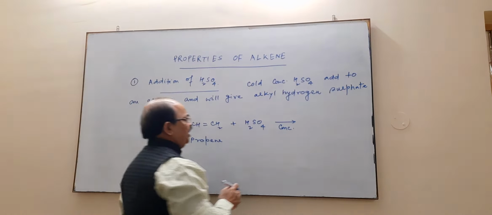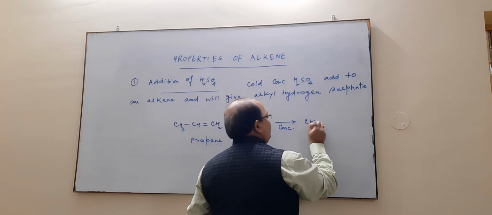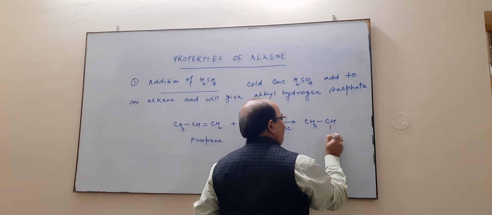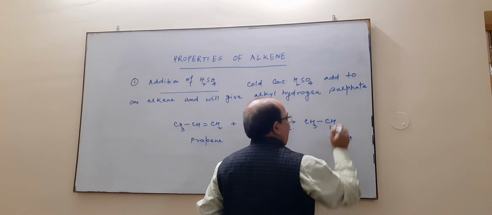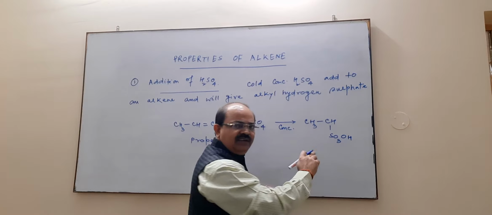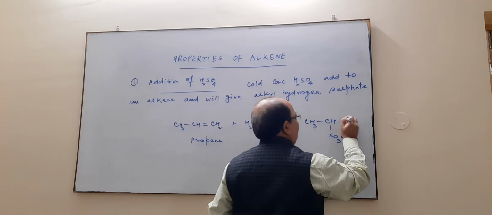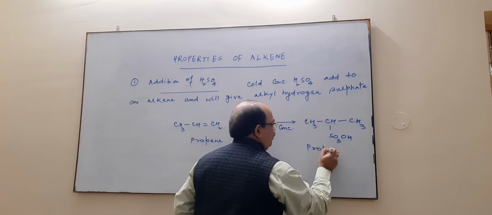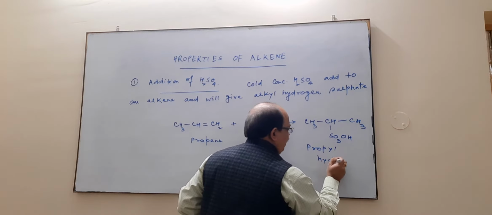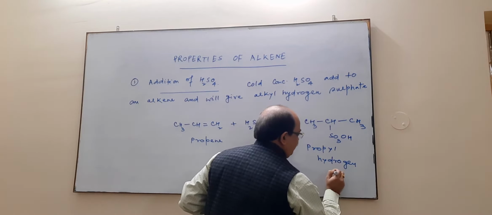Now what will happen? Then the product is CH3CH SO3OH, and that you can write HSO4 collectively, and this is CH3. So this is propyl hydrogen sulfate.